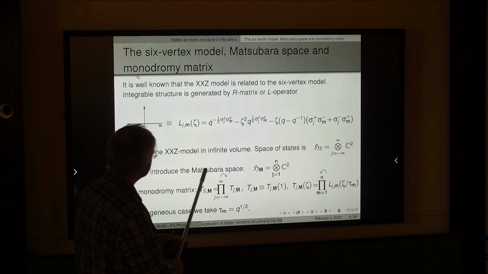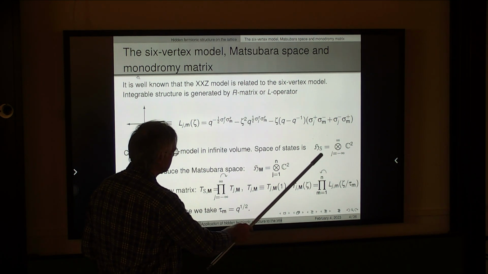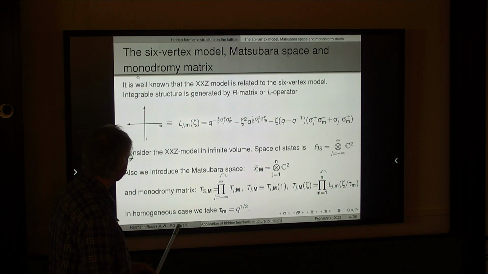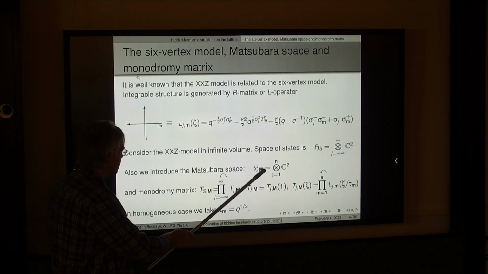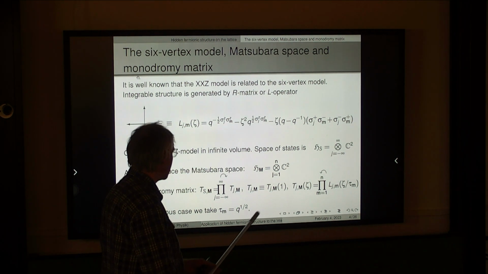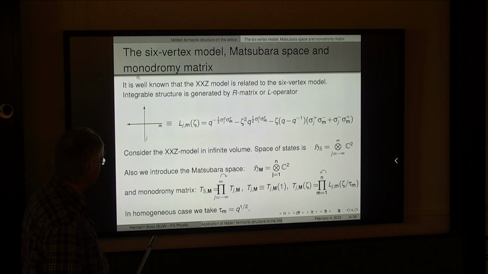So in the spatial direction, we have an infinite dimensional space of states, it is HS, and in Matsubara it will be HM, which will be kept finite dimensional for a while with some finite n here.